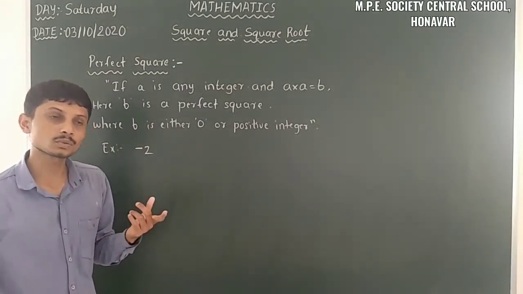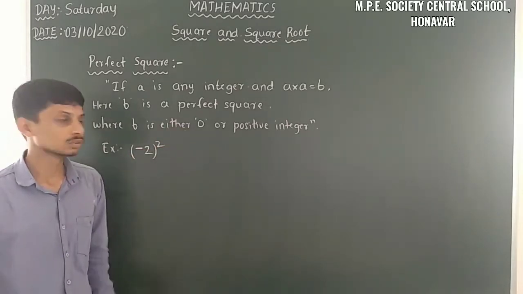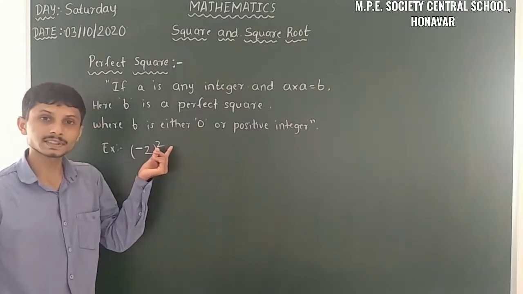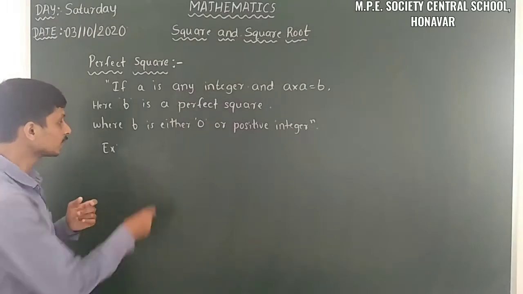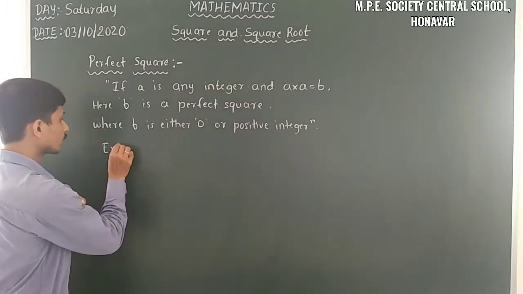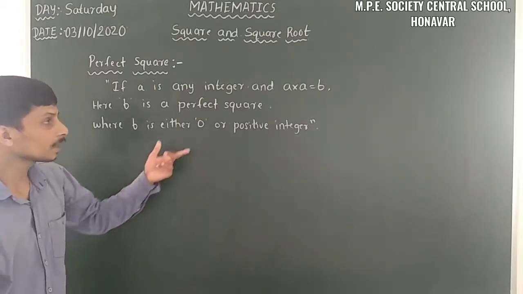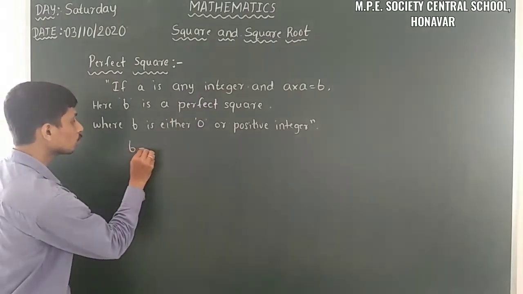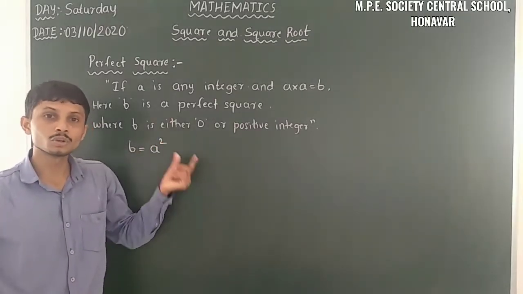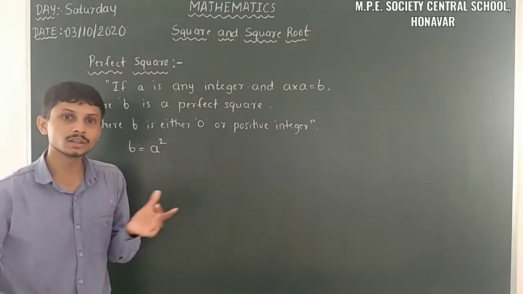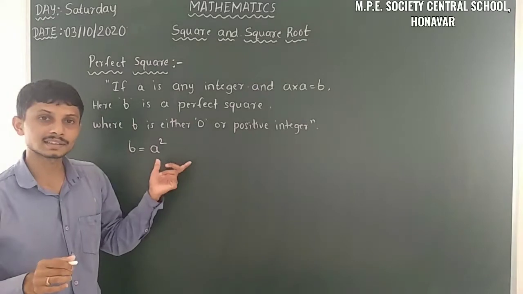How can we represent a square here? a into a is equal to b, so b can be represented as b is equal to a square. We have to write exponent 2, so that becomes a square.